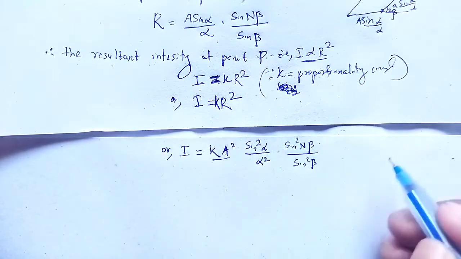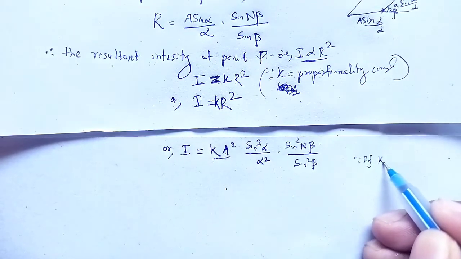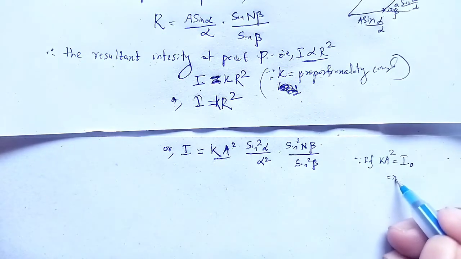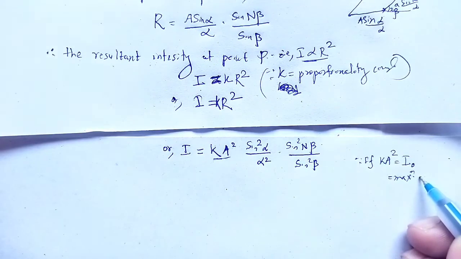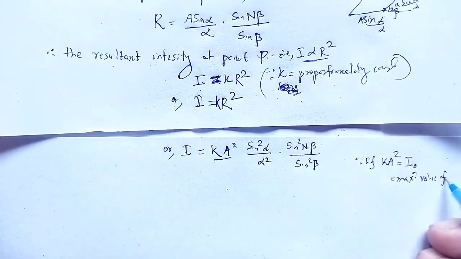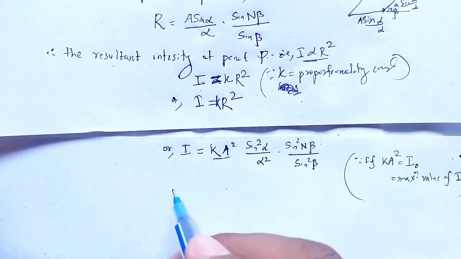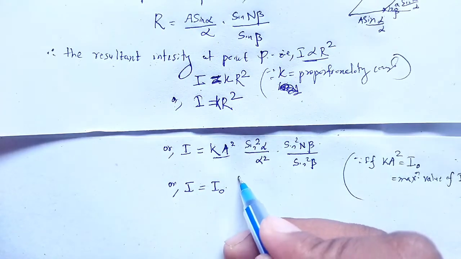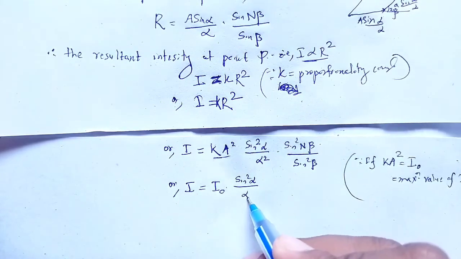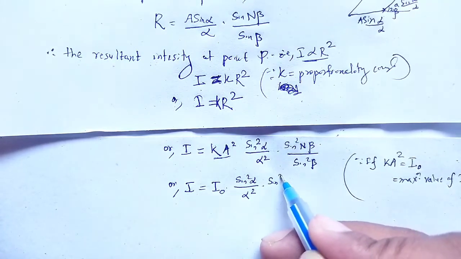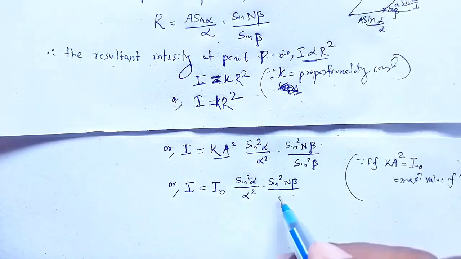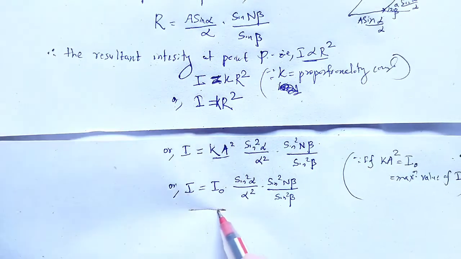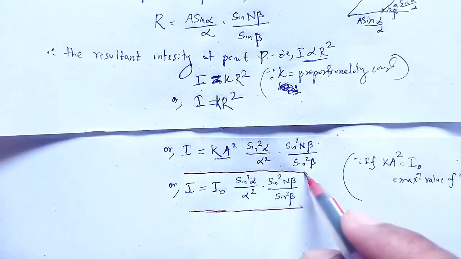If we take k into a square equal to I naught, that is the maximum intensity, maximum value of I, we have I is equal to I naught sin square alpha by alpha square into sin square n beta divided by sin square beta. That will be the expression for resultant intensity.